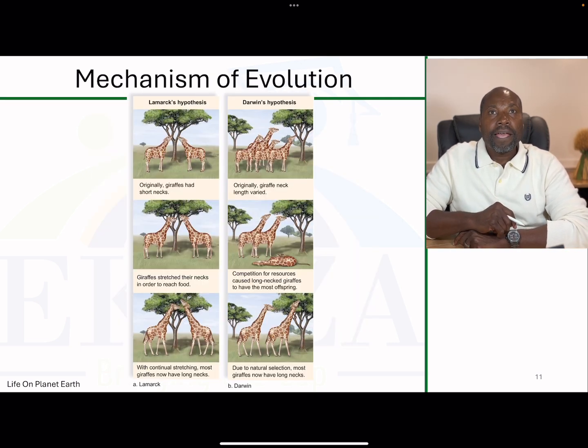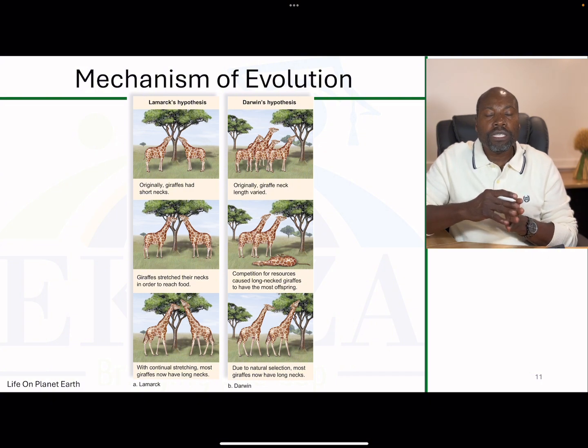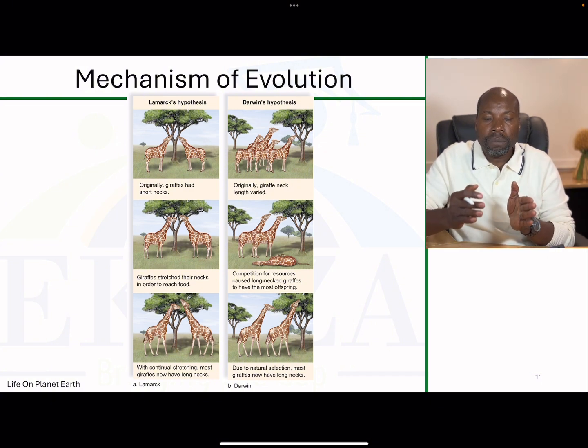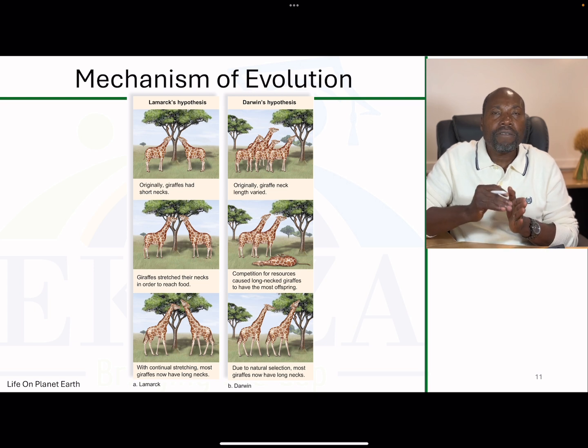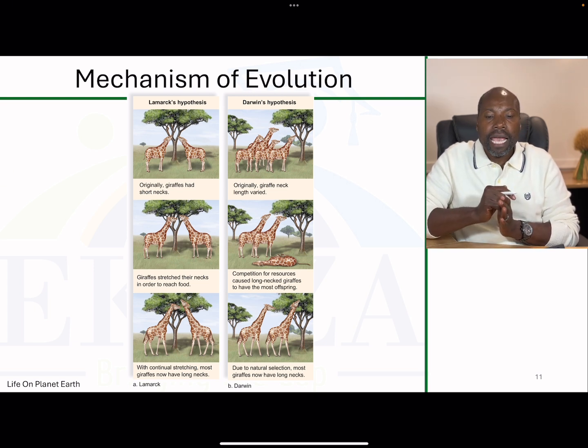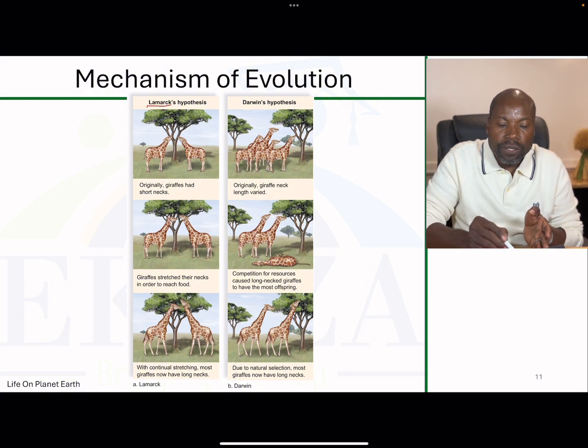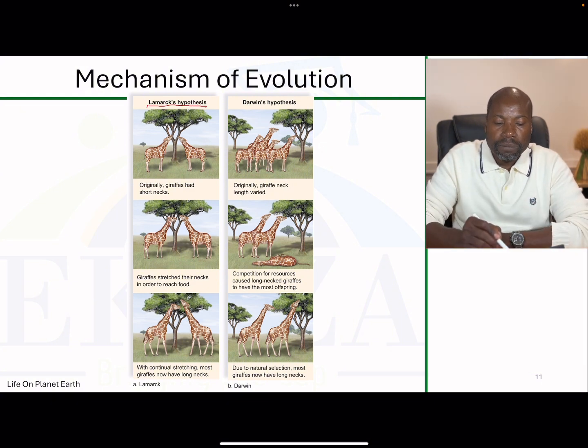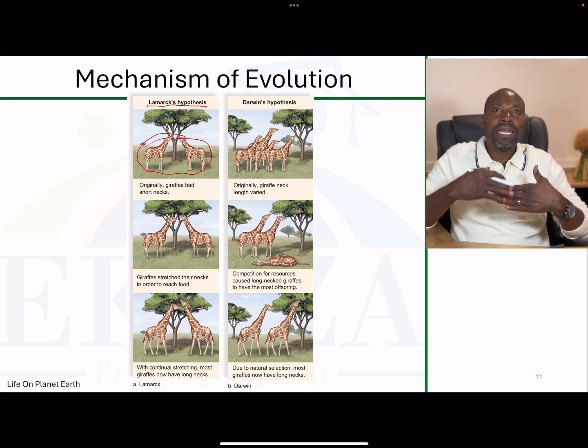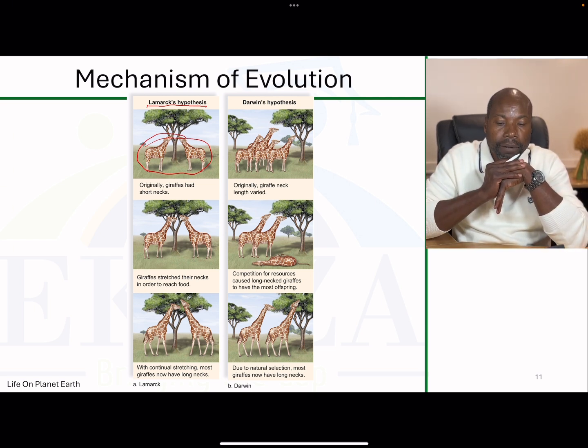Now, in the mechanism of evolution, we have 2 ideas here on this slide. We have Lamarck's idea and Darwin's idea. In Lamarck's hypothesis, you have giraffes that are born with a certain length of their neck.